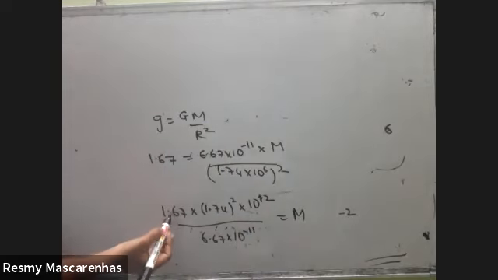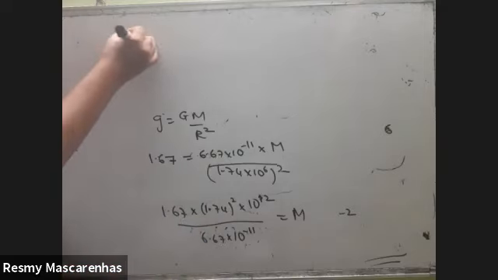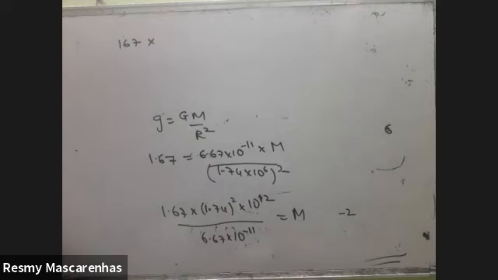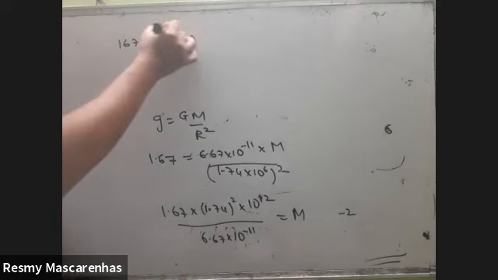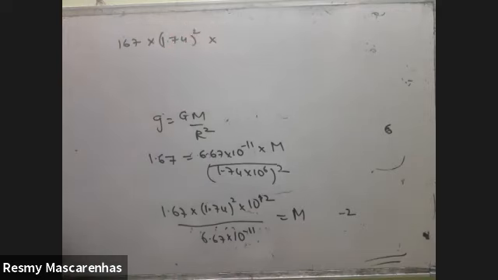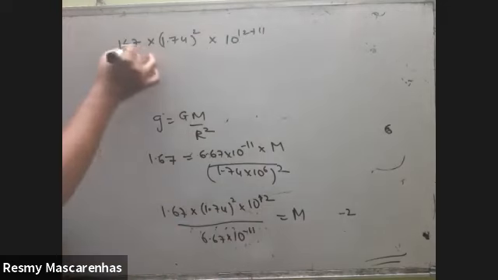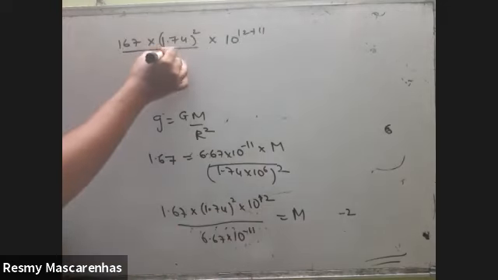And if we remove the decimal point, 2 decimals this side, 2 decimals this side, I can write this straight away as 167 into 1.74 the whole square into 10 raised to 12. This will go up and become 11. And this will become 667.